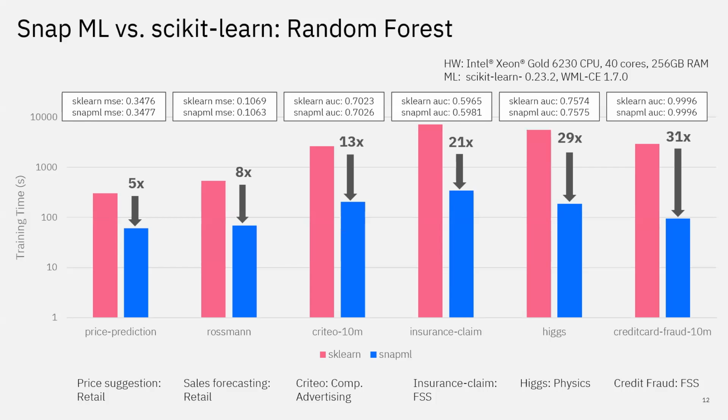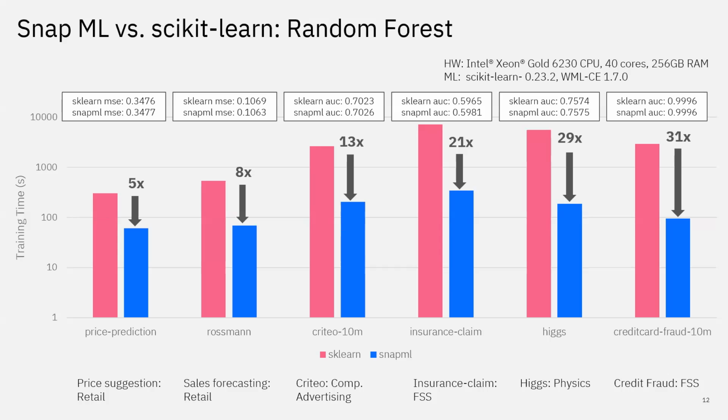Next slide, please. Okay, so in a similar vein, this is the random forest algorithm from SnapML and scikit-learn. A random forest is an ensemble of decision trees, a much more complex model than a single decision tree. So the absolute training times increase a lot compared to the previous chart. But we see that the acceleration factors remain similar.